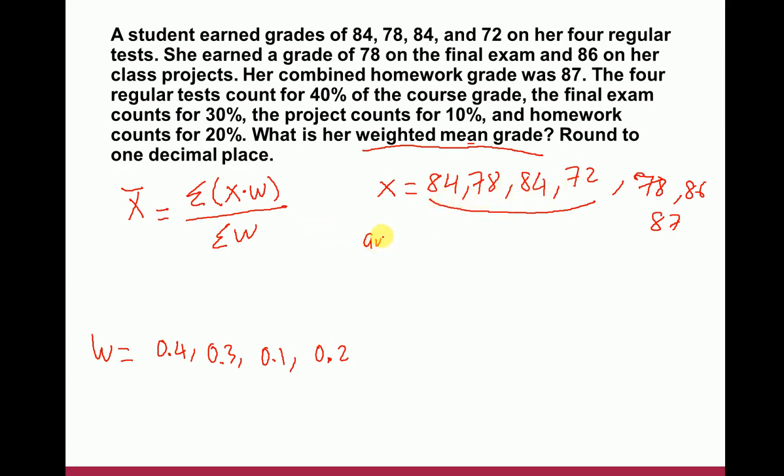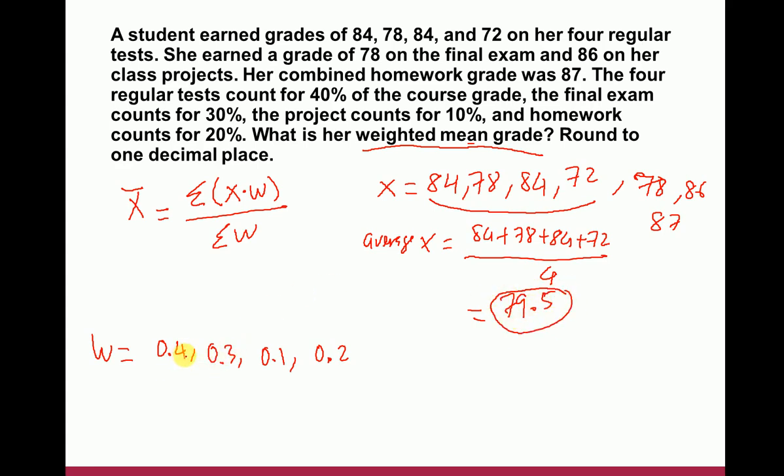So the average of the x should be 84 plus 78 plus 84 plus 72, divided by 4, and let's see how much that gives me. 79.5. So this number will go to 40%, right? Instead of taking the 4 of them, we have to take only 1, and the only way we can do that is we take the average of all of them.